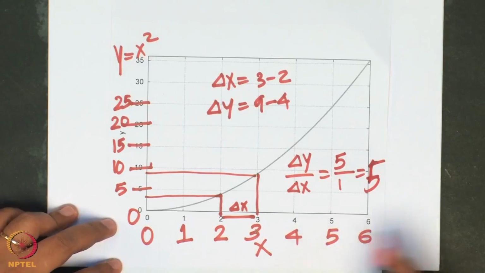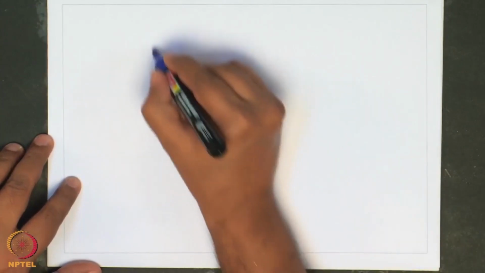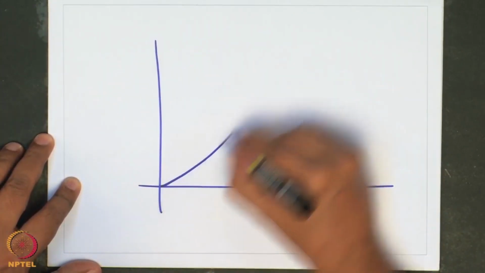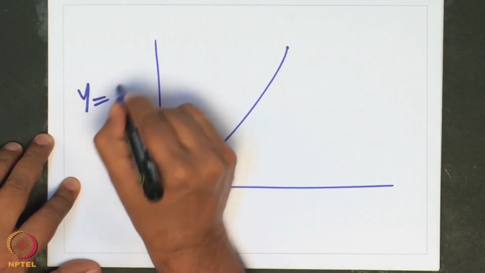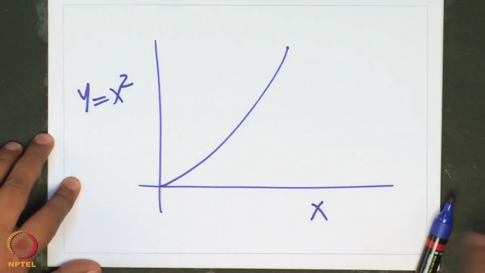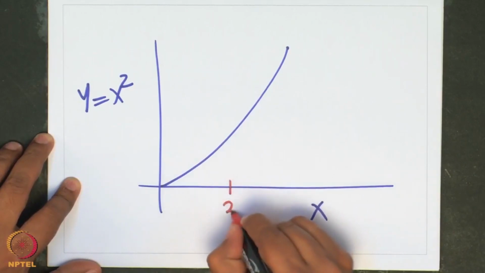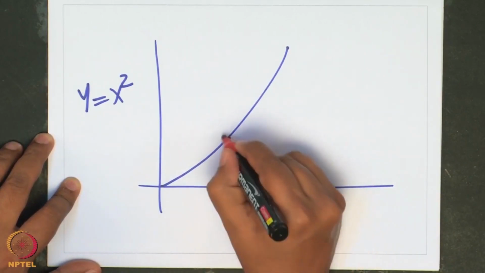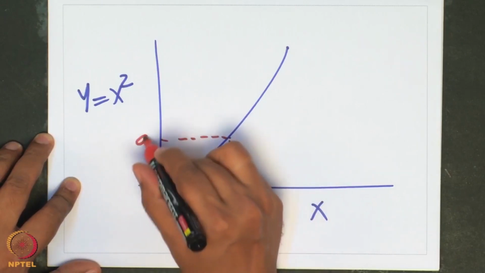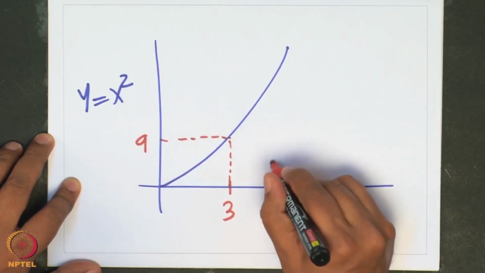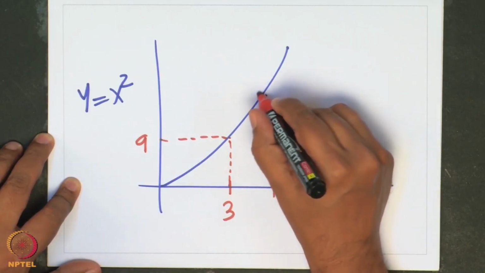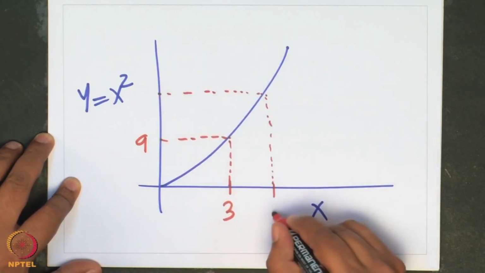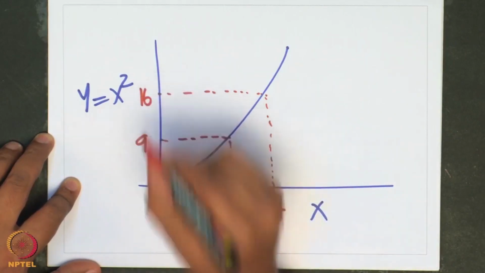Similarly, one can do a similar calculation between 3 and 4. Let me draw that here. This is y is equal to x square, and this is my x. If the value is 3 here, correspondingly here it will be 9. And if you have 4 here, correspondingly this will be 16.